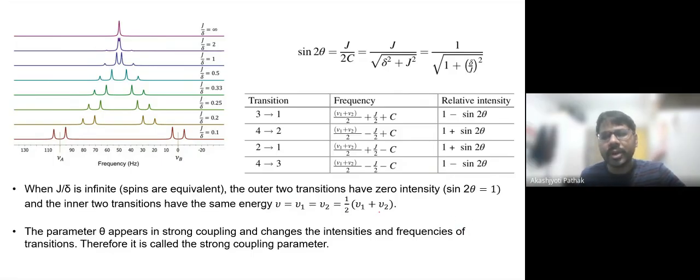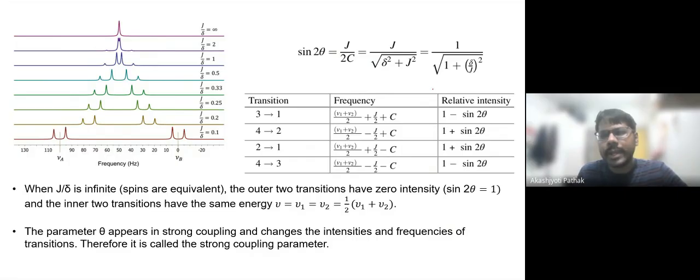so this is sine 45. Sine 45 is 1 by root 2, right? So 1 by root 2, and if you square both sides, then you will have half, and then you will get 1 by 1 plus delta by J whole square. So if you solve this equation, delta by J whole square will be equal to 1.